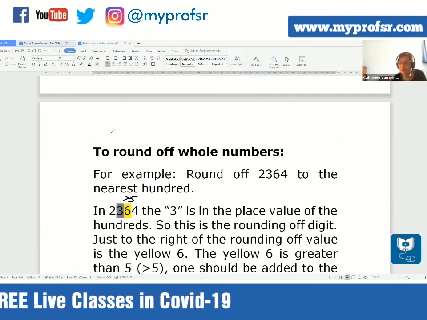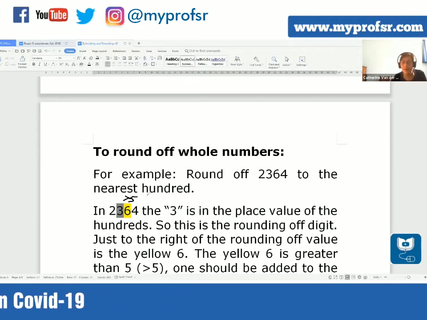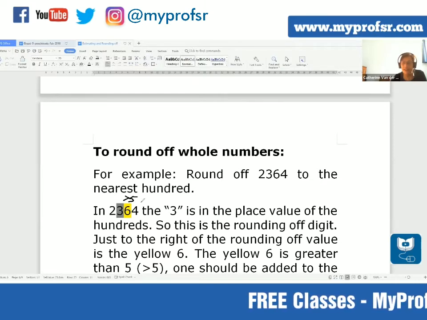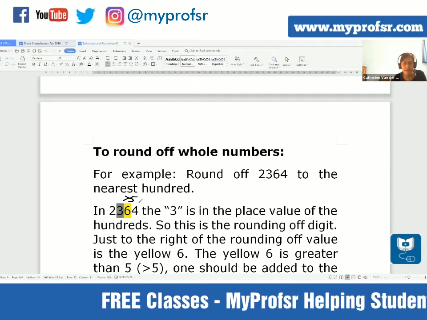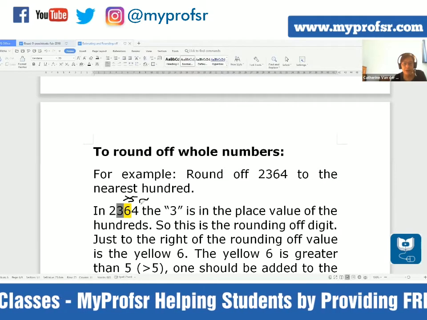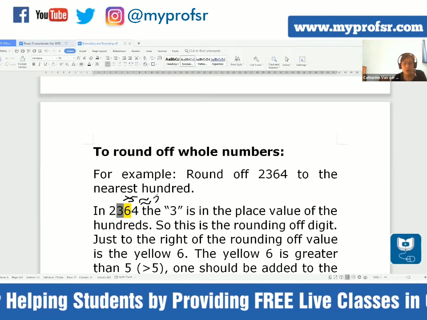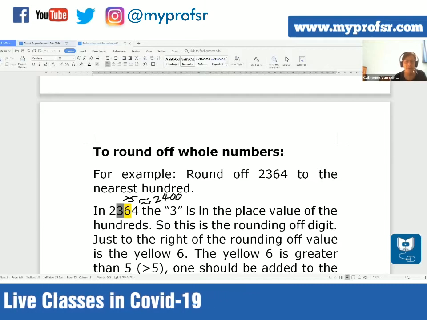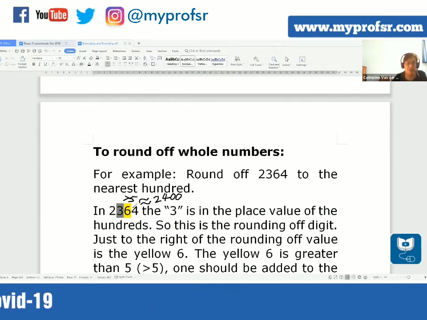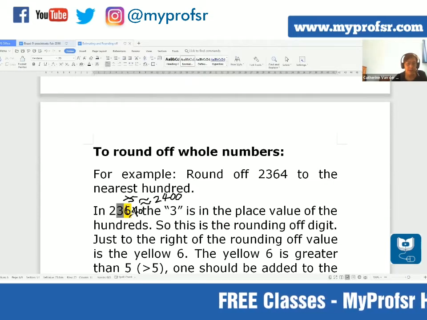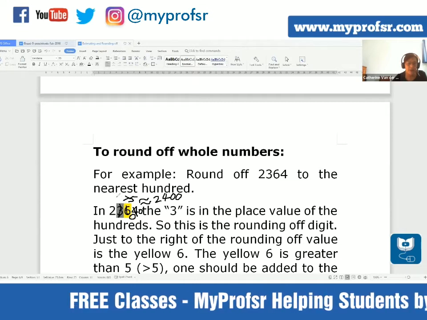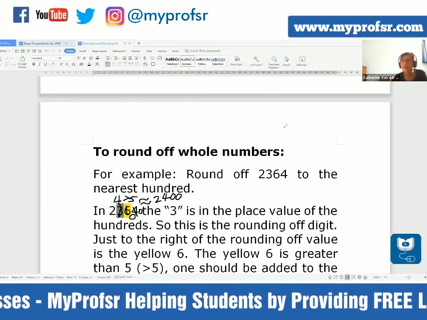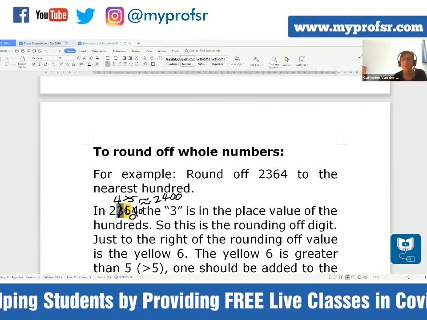Thank you. I can't read your name there, but you said that 2,364 rounded off to the nearest 100 is going to be 2,400. Exactly right. This 4 falls away and becomes a 0. The 6 falls away, becomes a 0, and the 3 becomes a 4. Thank you.